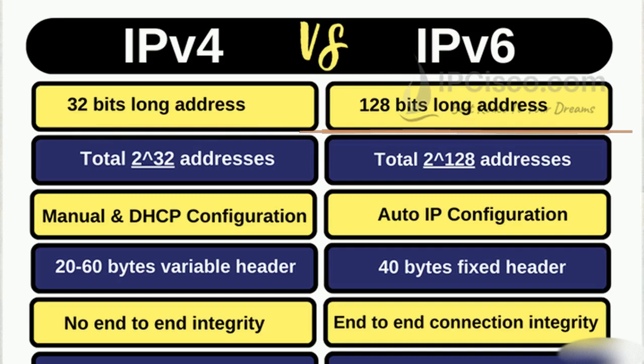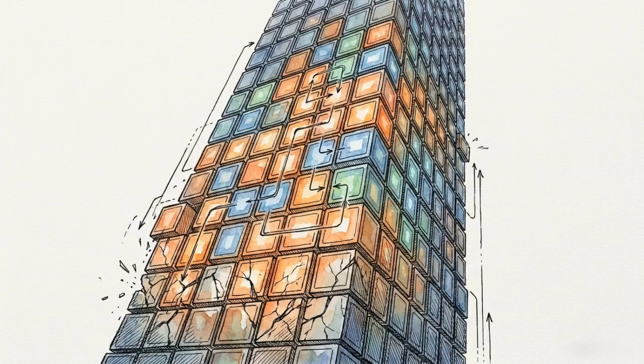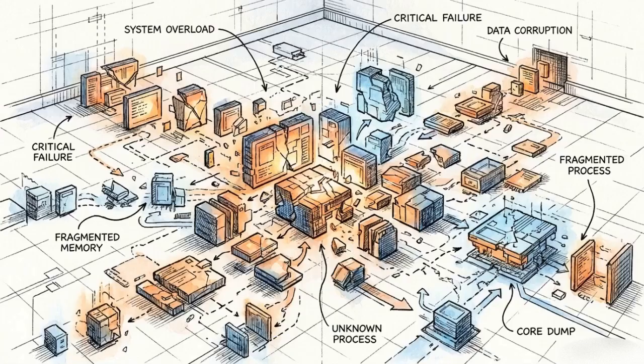IPv6 introduces a massive 128-bit address space and automatic configuration, a hard requirement for an ecosystem of this size. Without these highly specialized, lightweight routing protocols and effectively infinite address spaces, a global IoT network would instantly collapse under its own weight.